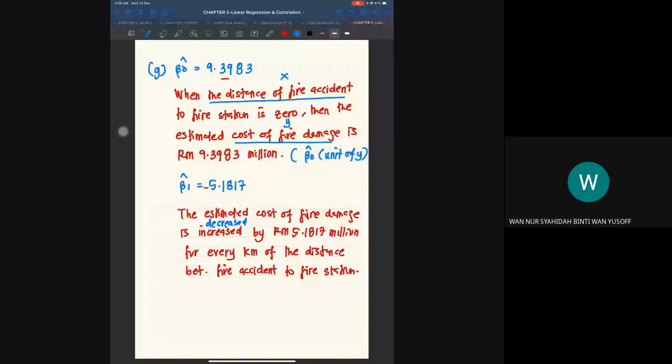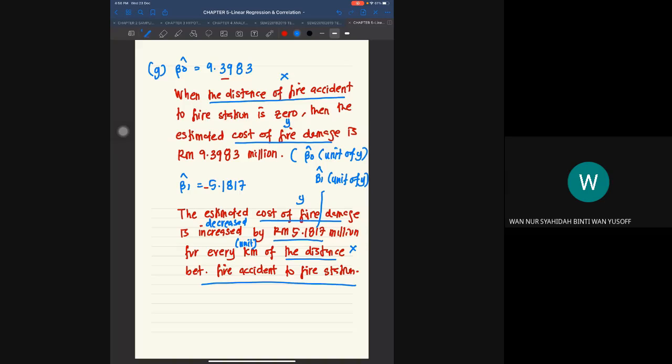So in general, the estimated y increases or decreases depending on beta 1 value, by beta 1 cap with unit of y. For every, sini mesti unit of y if exists. Kalau tak ada unit, you just mention for every of x.